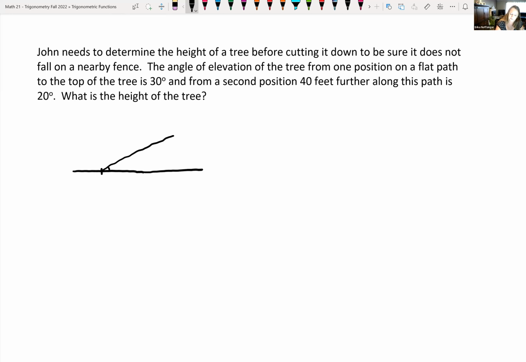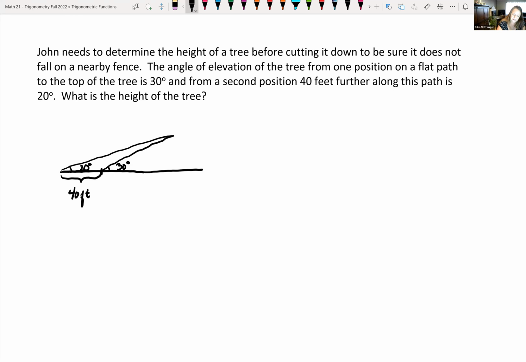Okay, let me make my tree. Oh, let's do that later. So 30 degrees. If he goes 20 feet further along the path away from the tree, that angle of elevation to the top of the tree is now 20 degrees. 40 feet further along.